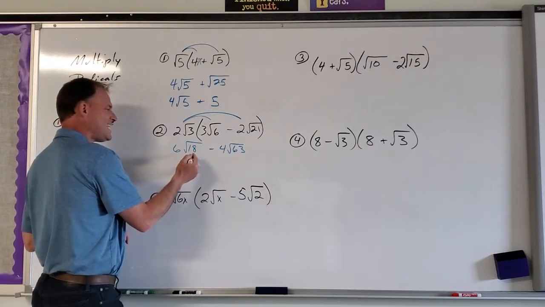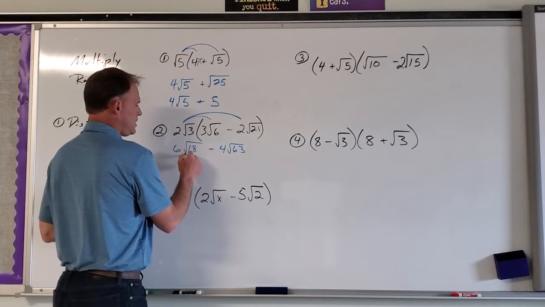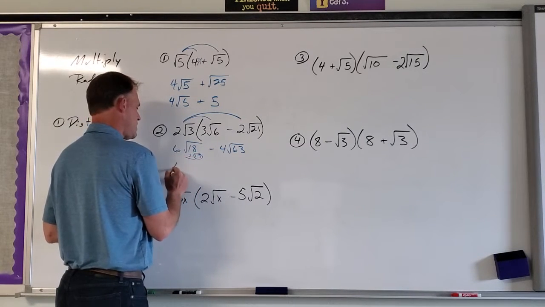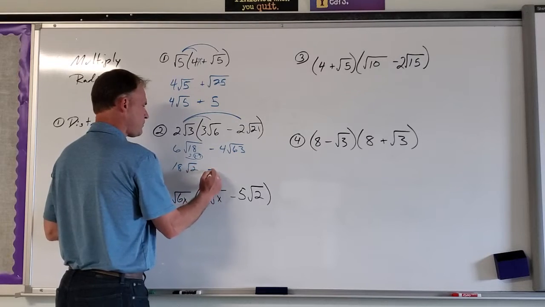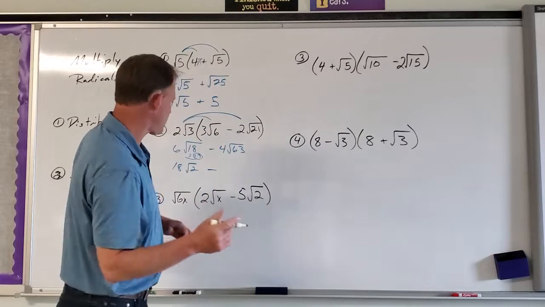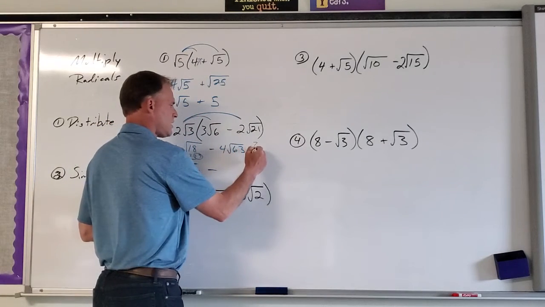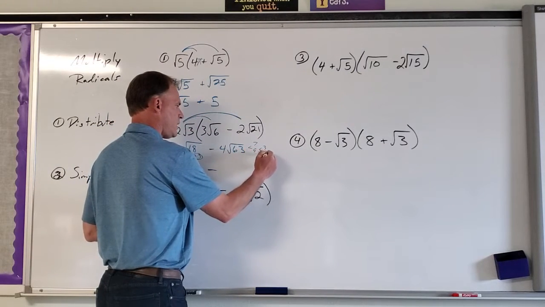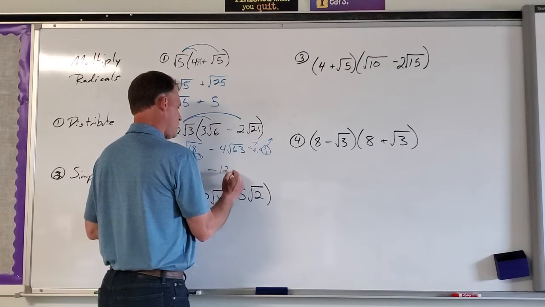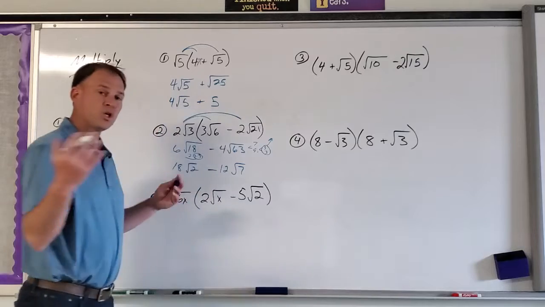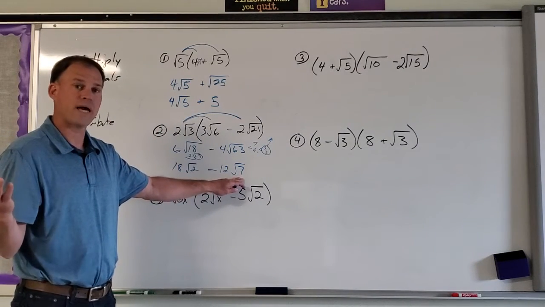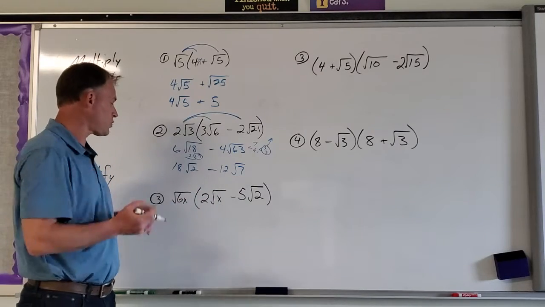Root 18, so 18 would be 2 times 3 times 3. 3's get out, so it's 18 root 2. 23, now 63, break that down, 7 and 9, 3 and 3, so the 3's get out, so that's 12 root 7. You might get some like terms here on occasion. If you do, you would add or subtract. If you don't, you're done.